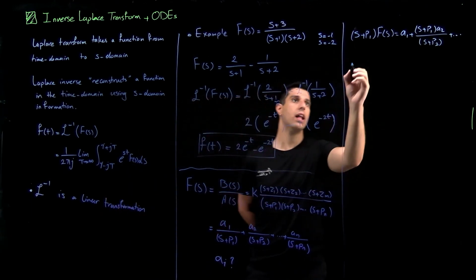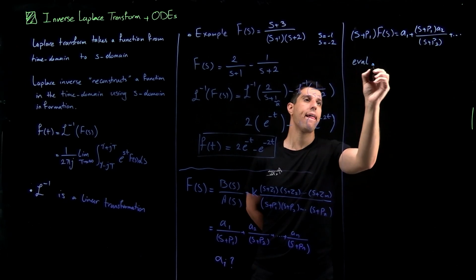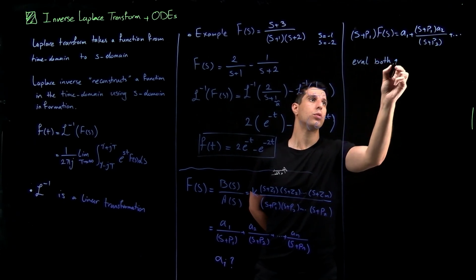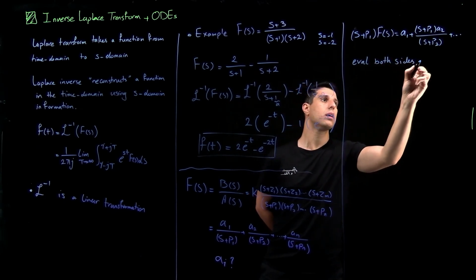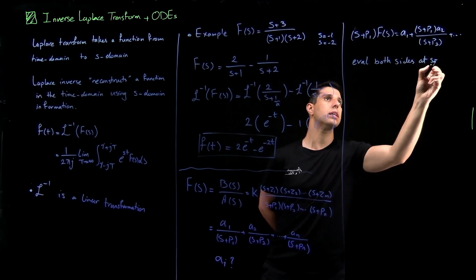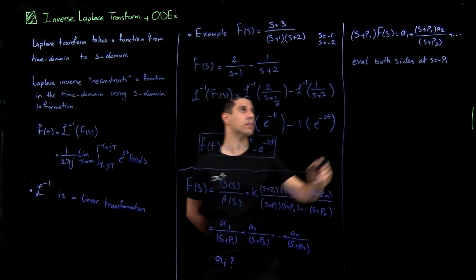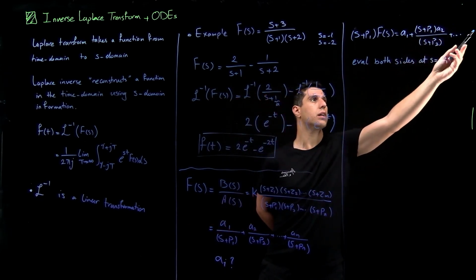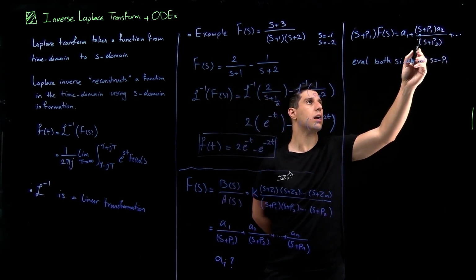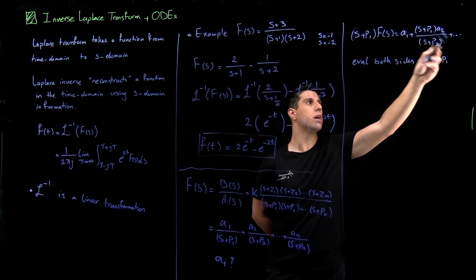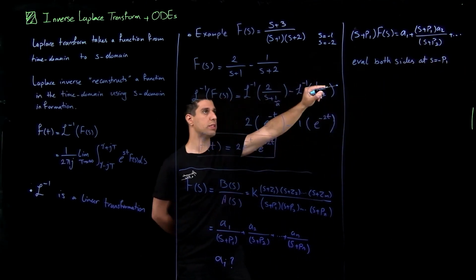Now if I evaluate both sides at s equals minus p1, see what happens. All of these terms on the right hand side that have s plus p1 will be 0.